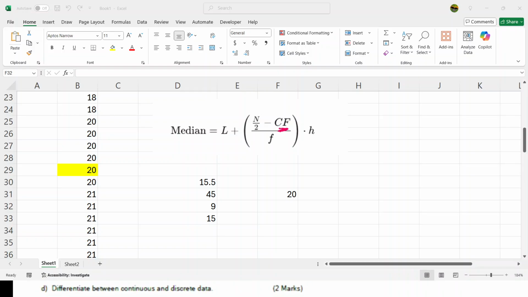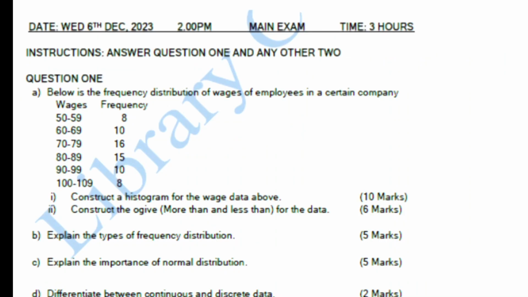Okay, question 2. Question 2 is here. I will also enlarge this question. Let me minimize this one, close this one. Yes, here it is. Below is the frequency distribution of wages of employees in a certain company.